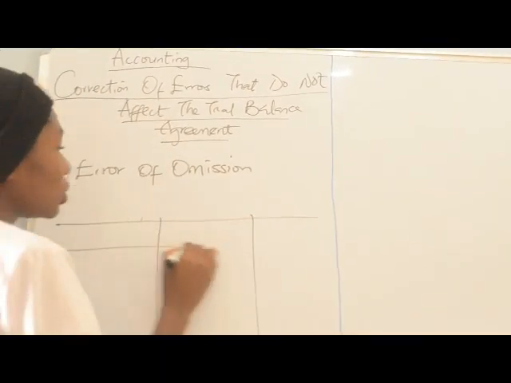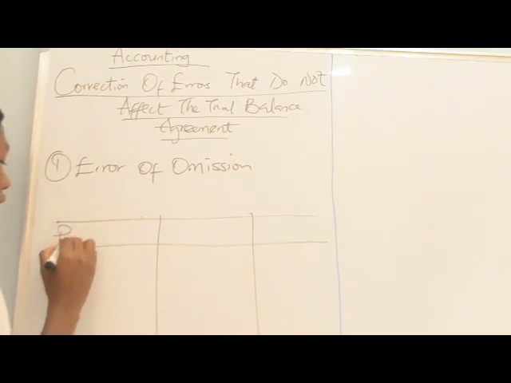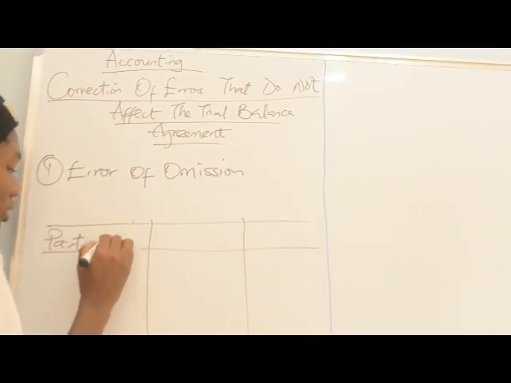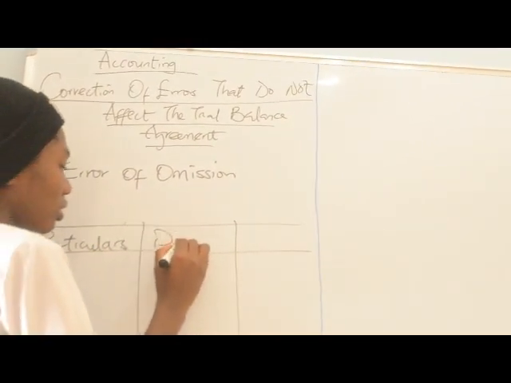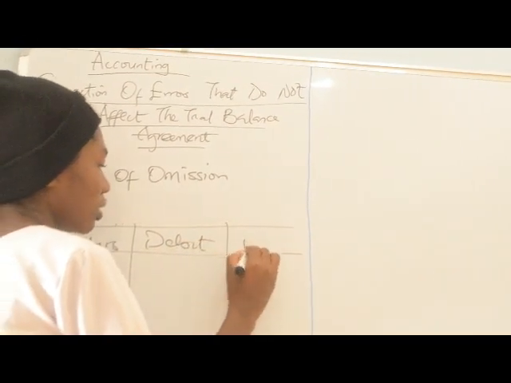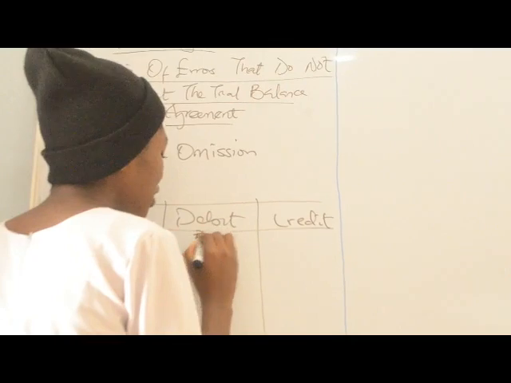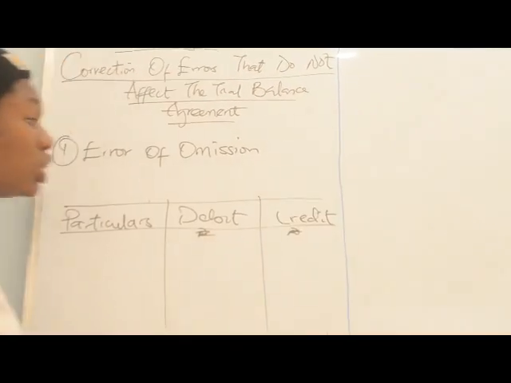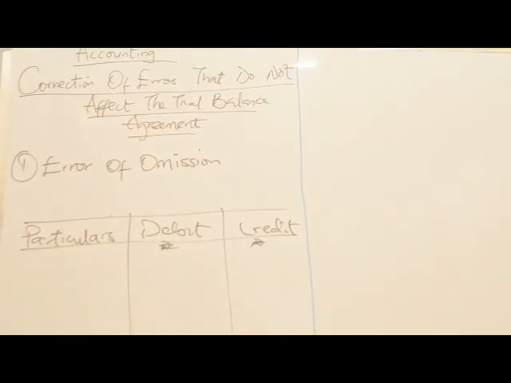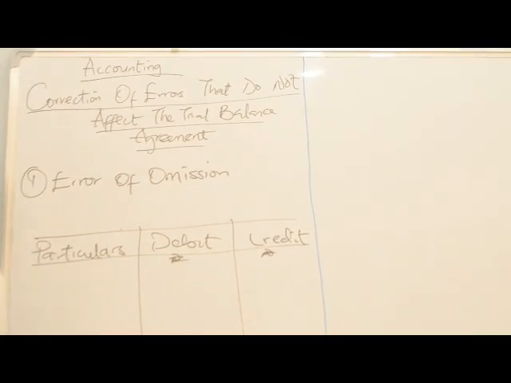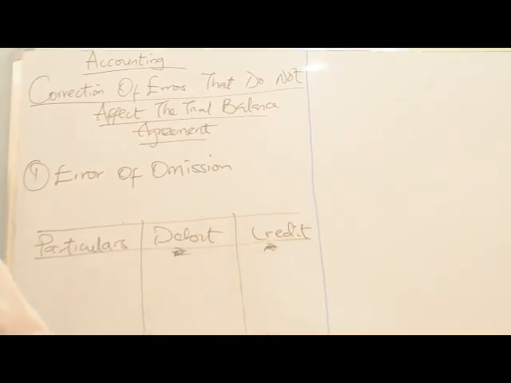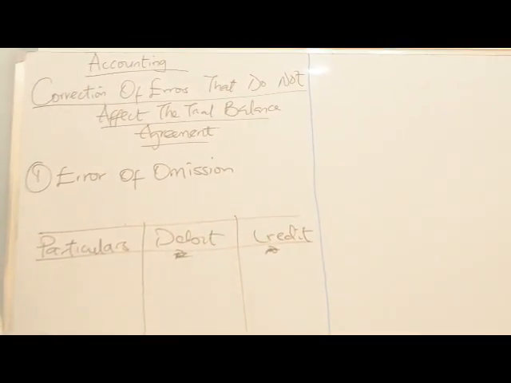We have our particulars, our debit and our credit, okay? So what we really do now is to identify the account to be debited and the account to be credited, okay? And then we now give in our description.